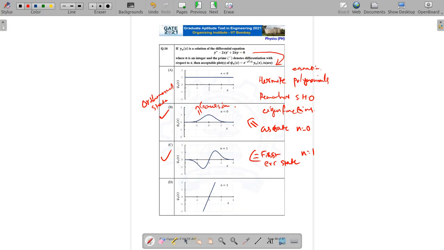So this is not true. Also in this case, this is a straight line. This one and this one are not orthogonal. Okay, so moving on. So only B and C are correct.